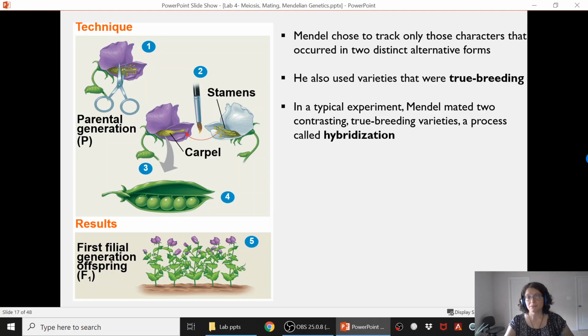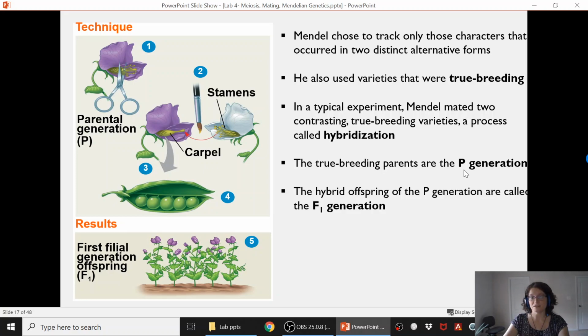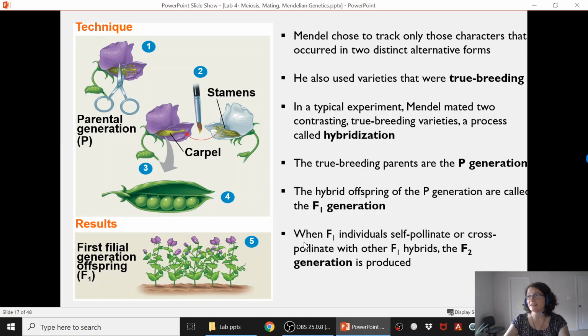In a typical experiment, he would make 2 contrasting true breeding varieties. This is called hybridization. We still do it today. The true breeding parents are the P generation. The hybrid offspring of the P generation are called F1. And then he would let the F1 individuals self-pollinate or pollinate with each other to create the F2 generation.